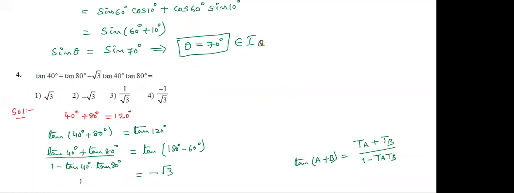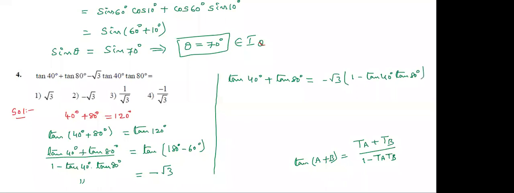So the left hand side is the same. Now take cross multiplication. What do we get? Tan 40 degrees plus tan 80 degrees is equal to minus root 3 into the denominator, sent to the right hand side: 1 minus tan 40 tan 80.